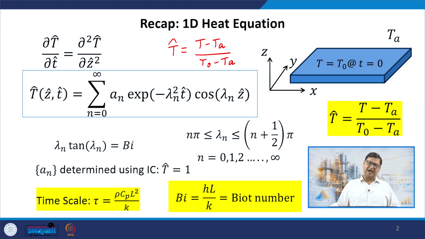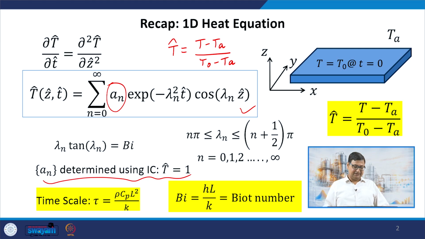And then we derived for this case this series solution where the coefficients an come from the initial condition, and that initial condition is T cap equal to 1 to begin with. The lambda n have multiple solutions, coming from this equation.